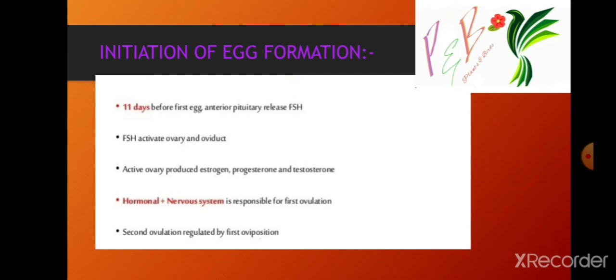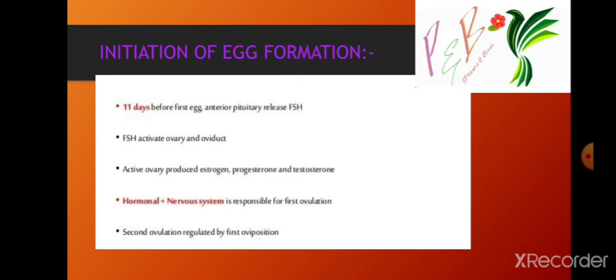The FSH released from the anterior pituitary gland will stimulate the follicle to grow and to be released into the oviduct.